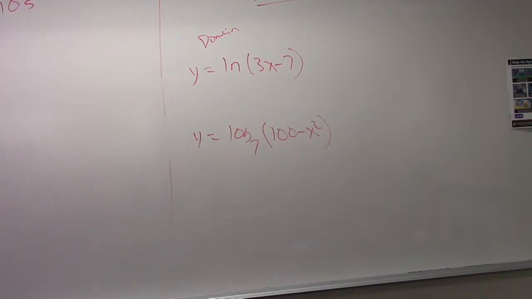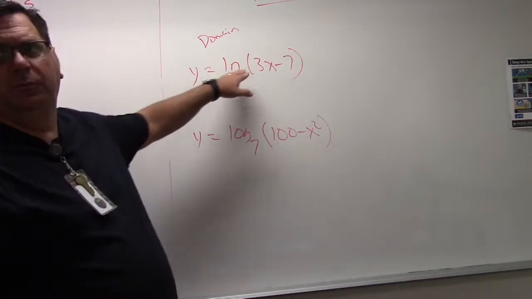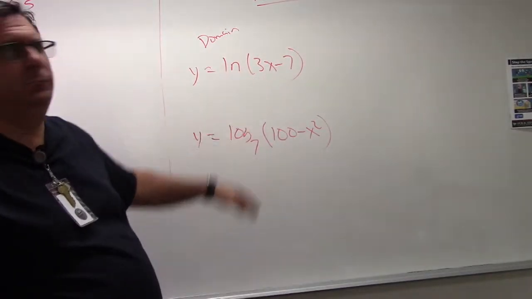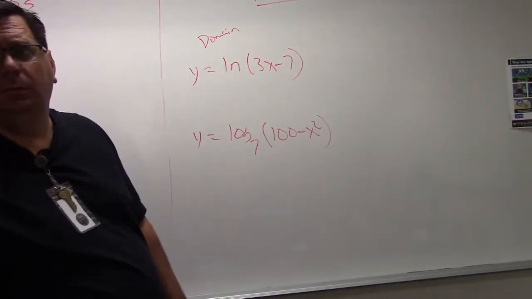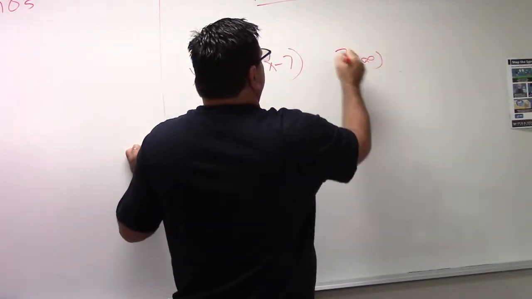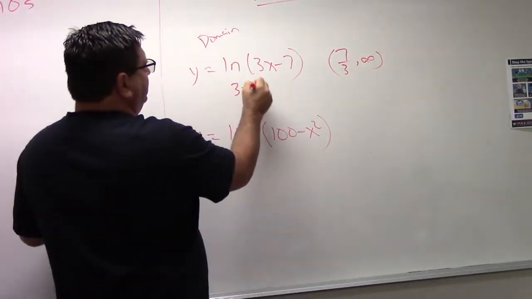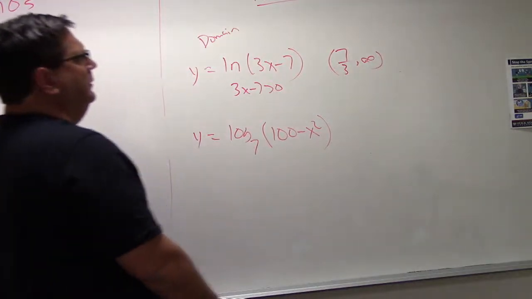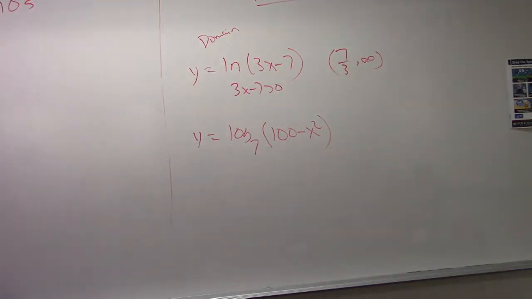Go ahead and try that. I'll be back to you soon. All right, what'd you get? 7/3 to infinity. Positive 7/3 to infinity. Very good. Setting 3x minus 7 greater than 0.